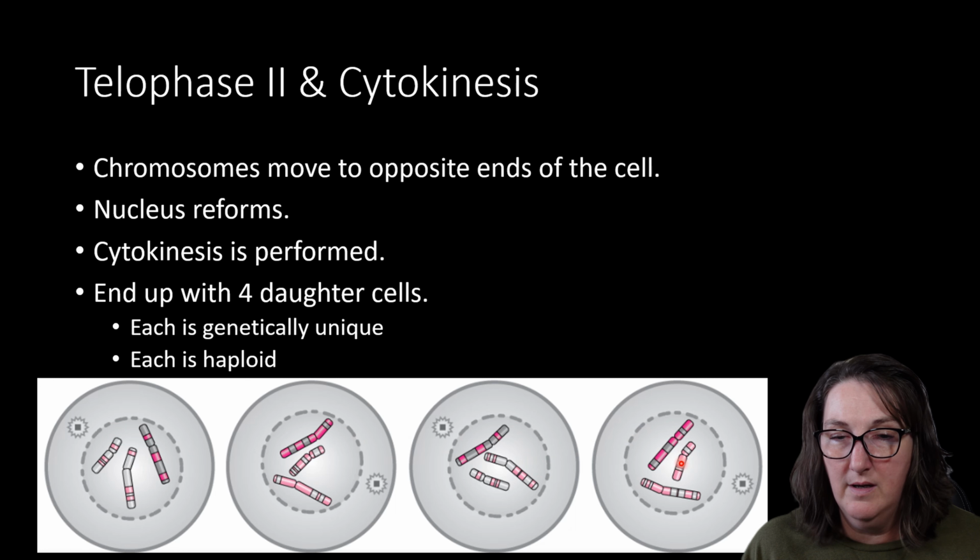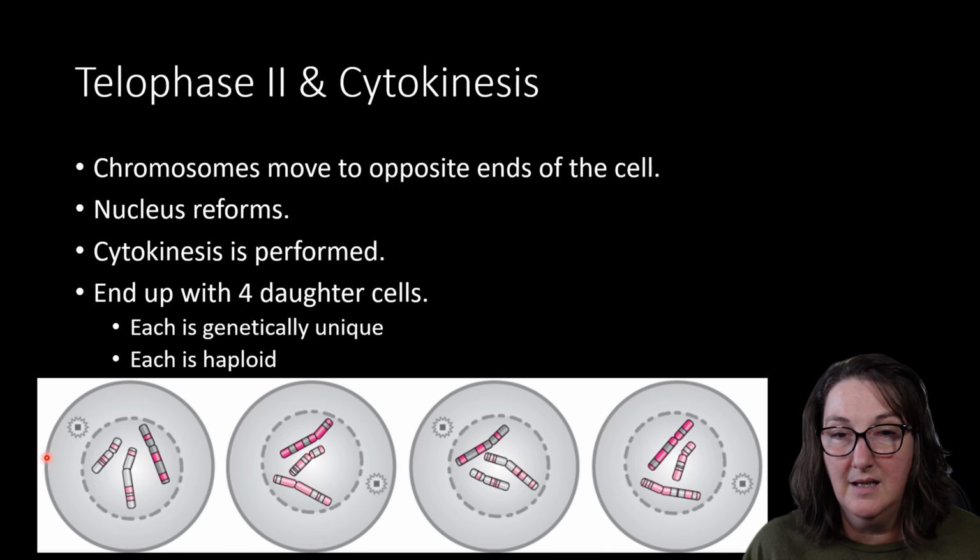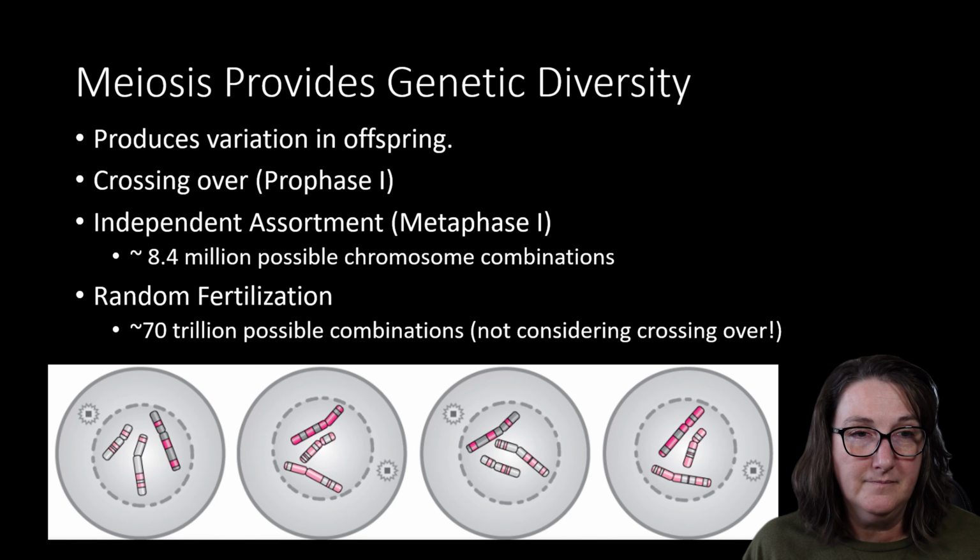Each single one is going to be different. This is why it's so hard to find somebody that looks just like you. There's always going to be some type of variation in your DNA because of all of this mixing and randomness.